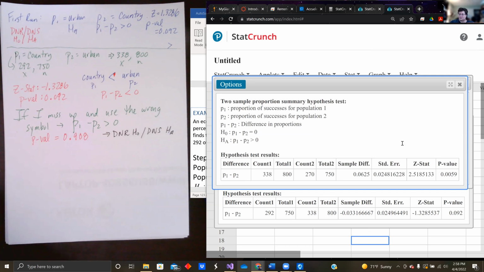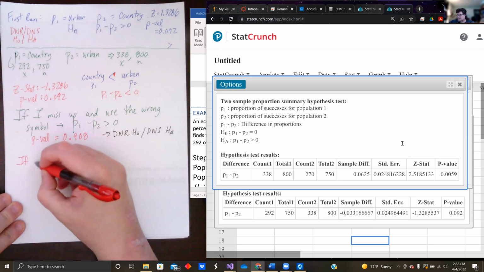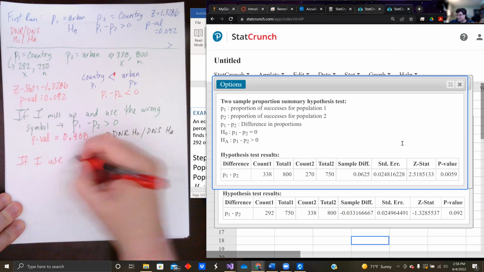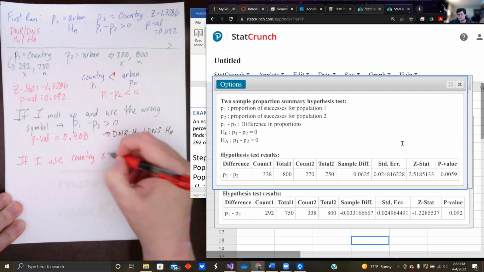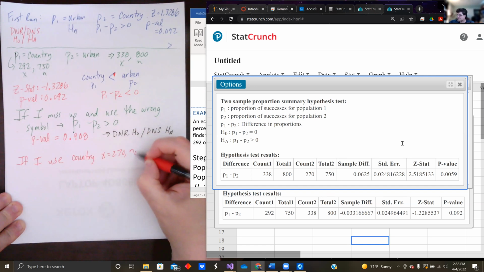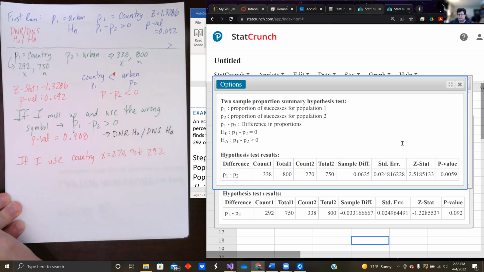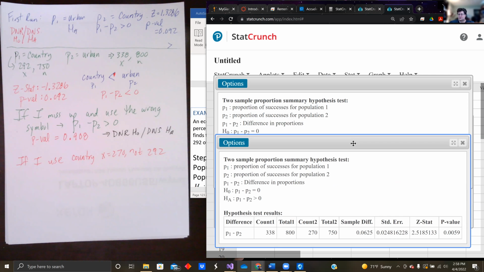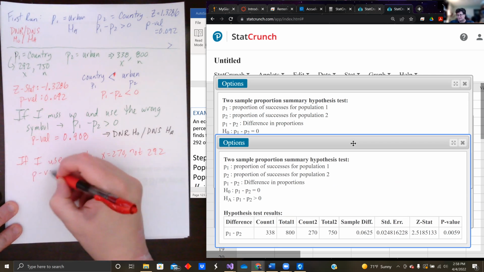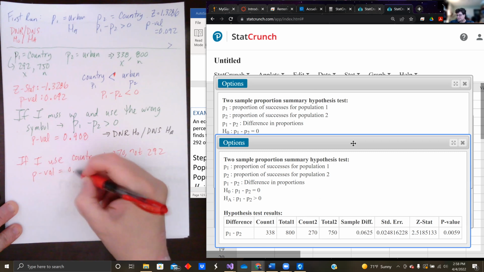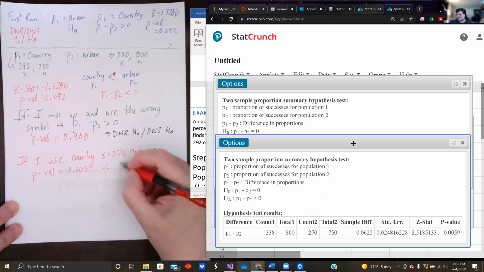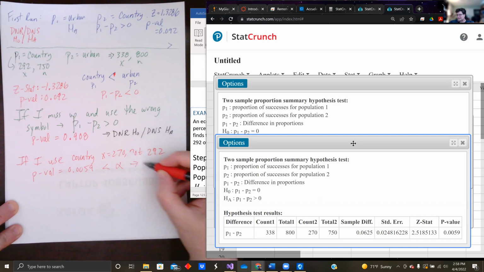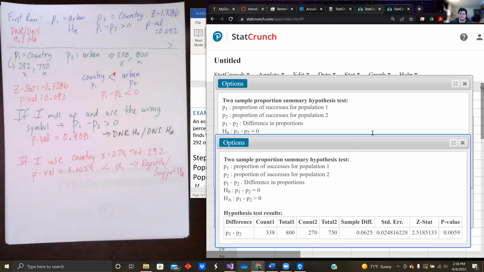If I use country X equals 270, not 292, the p-value should be 0.05, which is less than alpha. And this would be a reject H0, support HA. So that would give us that situation.